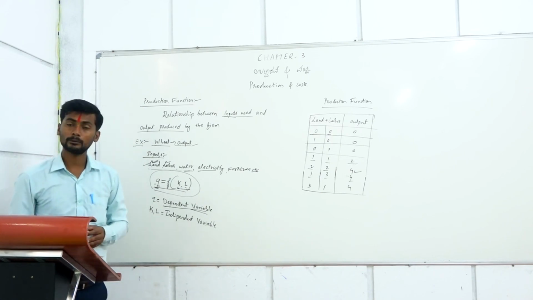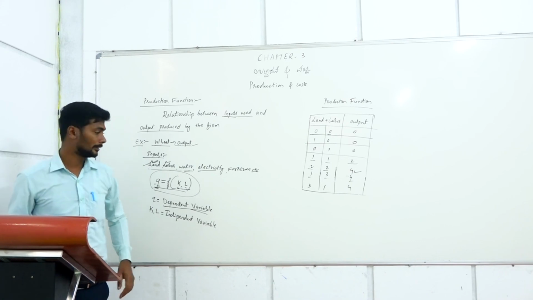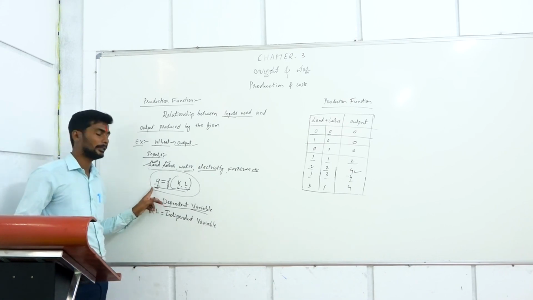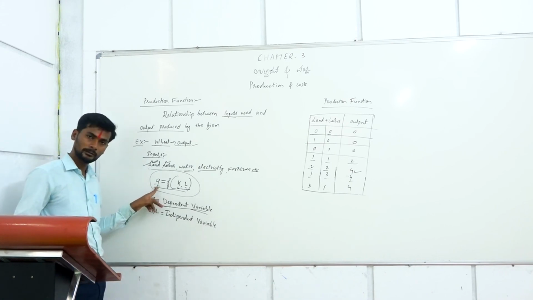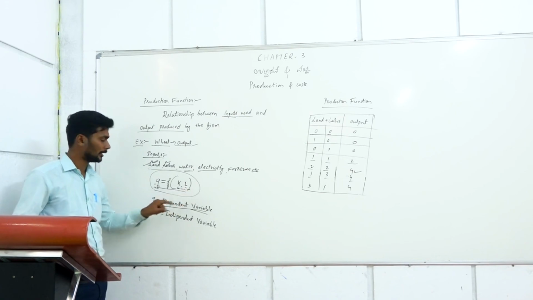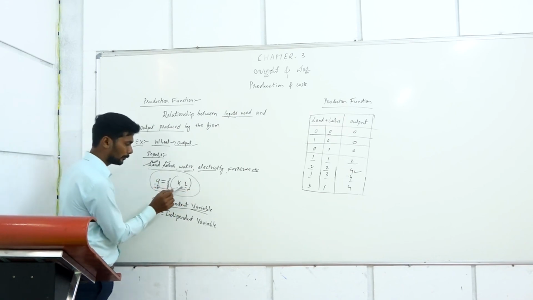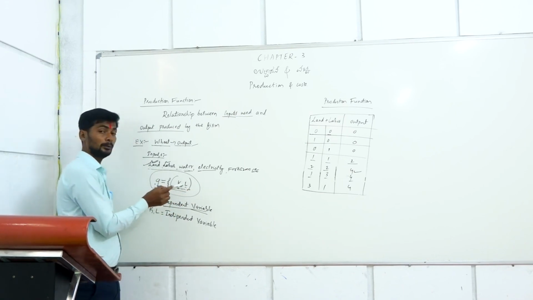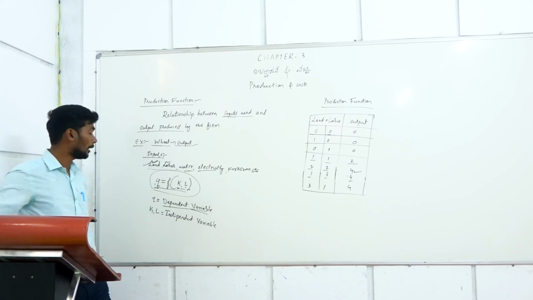That is what the production function is. It is very simple to understand. The production function is the relationship between output and inputs. How much of inputs are used to produce output?